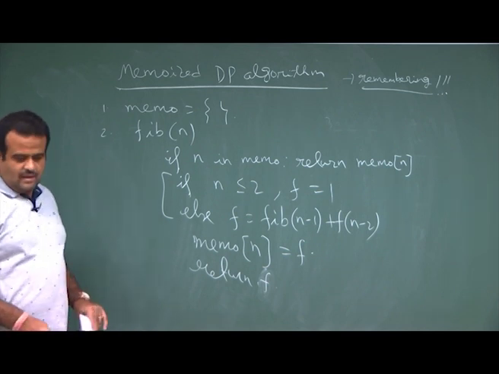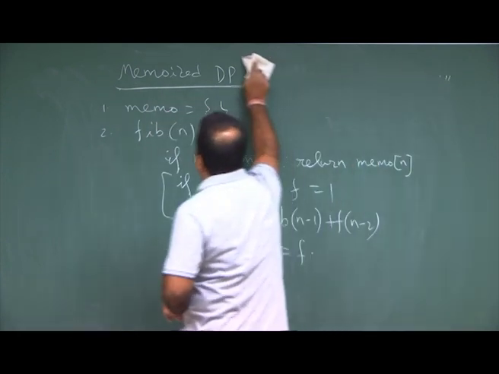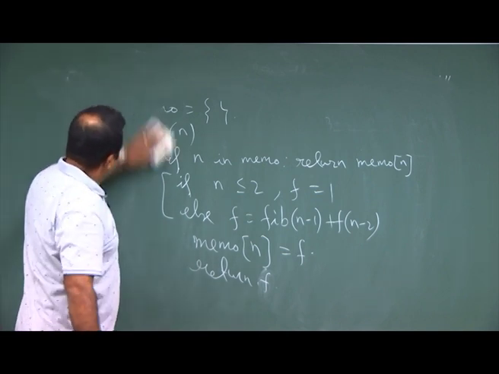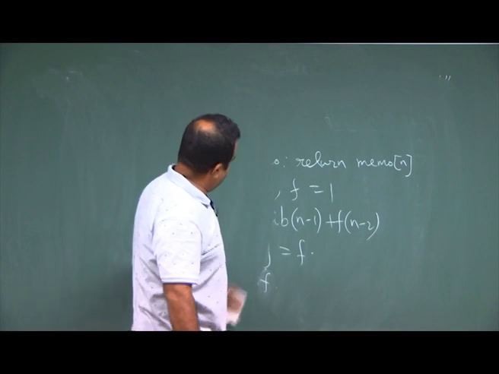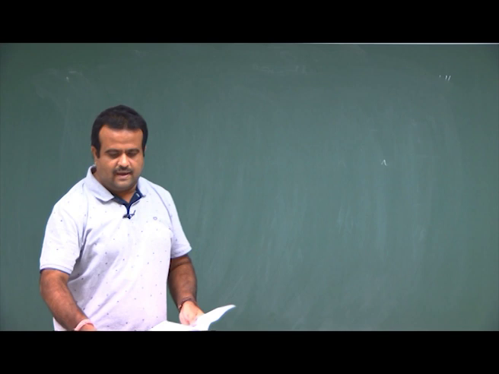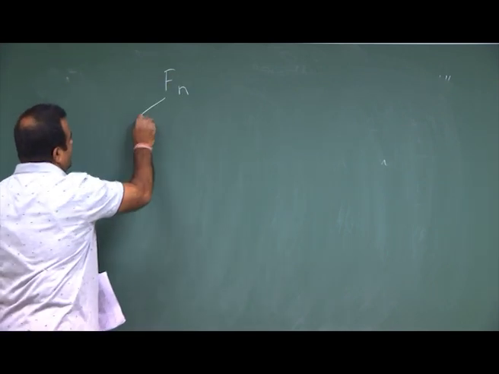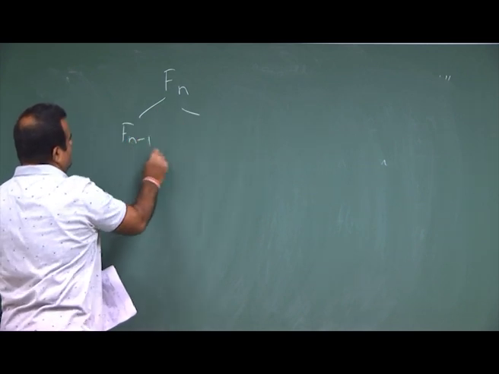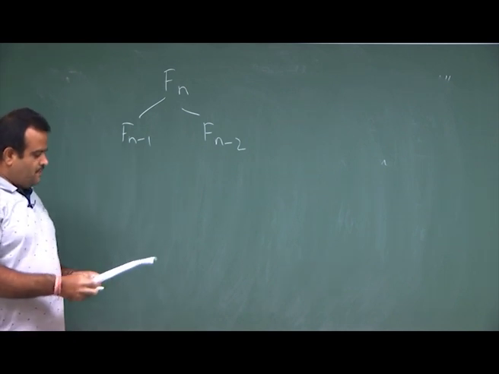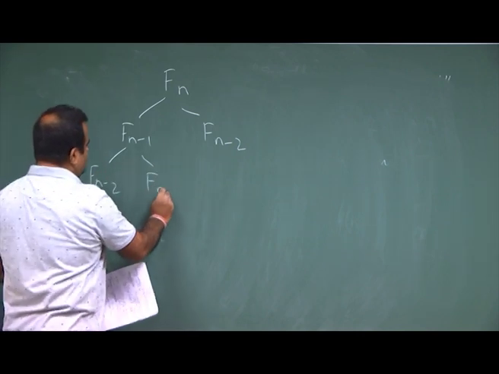So, this type of technique we can use for any recursive algorithm. So, let us look at the recursive tree for this code. Suppose we want to compute f of n. To compute f of n, we need to compute f of n minus 1, f of n minus 2. In order to compute f of n minus 1, we need to compute f of n minus 2, f of n minus 3.